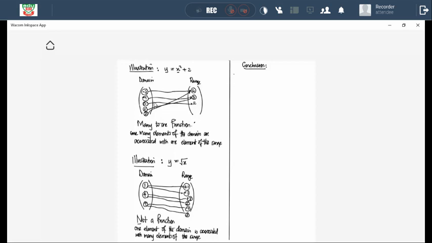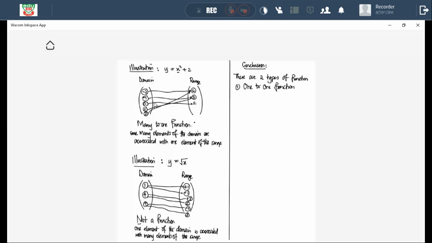So in conclusion, we only have two types of function. The first one, we call a one-to-one function.